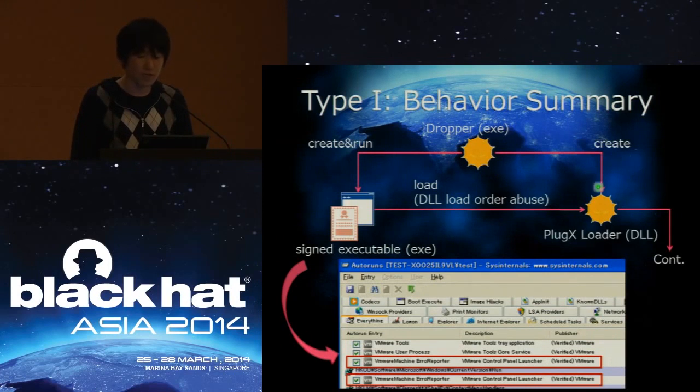We call this DLL PlugX loader. The signed executable is completely innocuous, but it loads PlugX loader because the DLL is located in the same folder and the DLL name is the same as the one required by the executable. It's called the DLL load order hijacking.